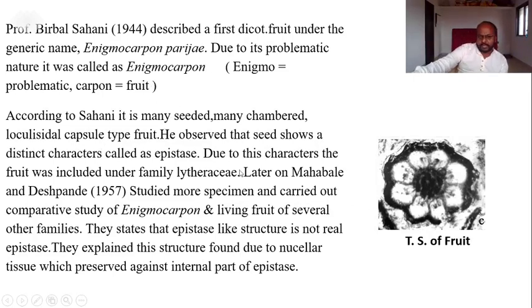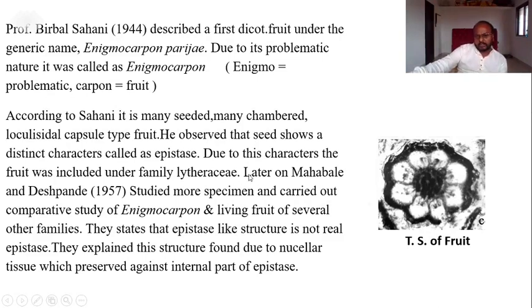According to Birbal Sahni, it is a many-seeded, many-chambered, loculicidal capsule type of fruit. So here many seeds are there, and the type of fruit is a capsule. Birbal Sahni observed that the seed shows a distinct character called the epistase. The epistase is a small outgrowth coming from the nucellus.